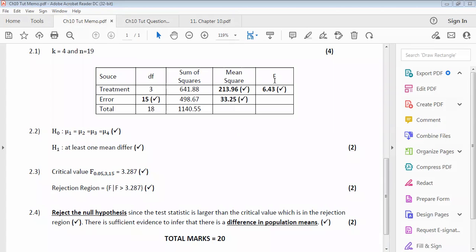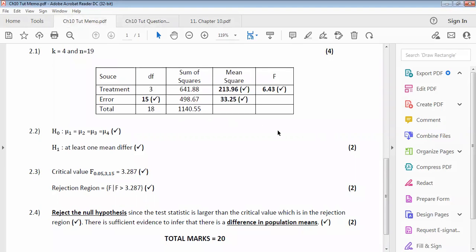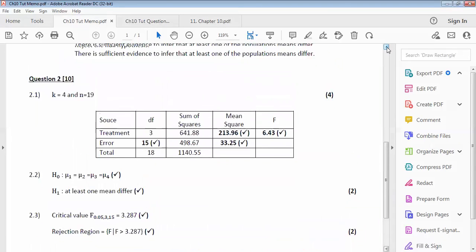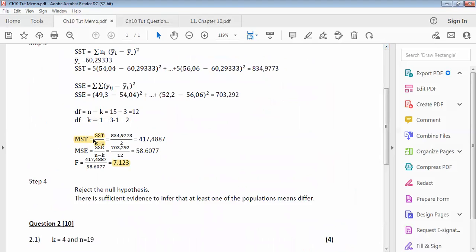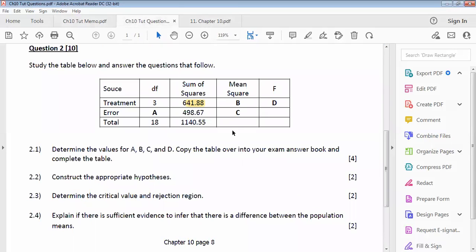And then your F, what is your F? Remember, our F was MCT divided by MSE. So it's just the two things there. So what would be F?